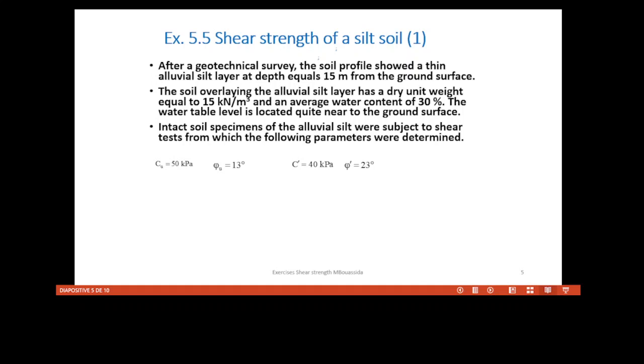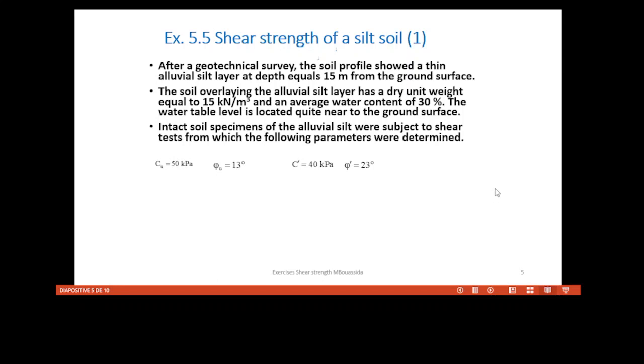The soil overlaying the alluvial silt layer has a dry unit weight, gamma d, equal to 15 kN per cubic meter, and an average water content of 30%. The water table is close to the ground surface. That means all the soil is saturated.